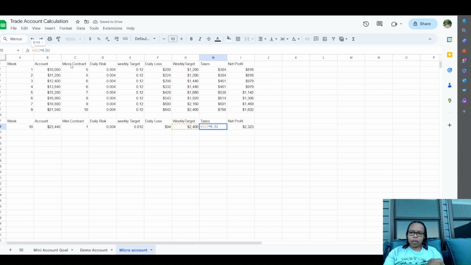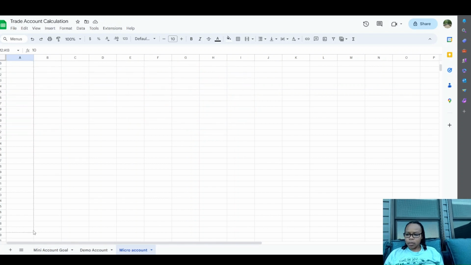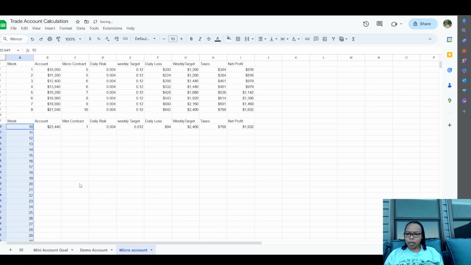And oh, that's incorrect. There you go. All right. So now we can start to track the mini contracts and see how we can progress. So let's push this out for lots of months here. And now we can bring this all out.